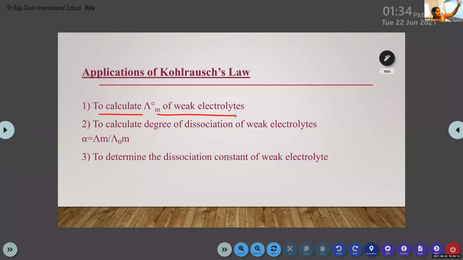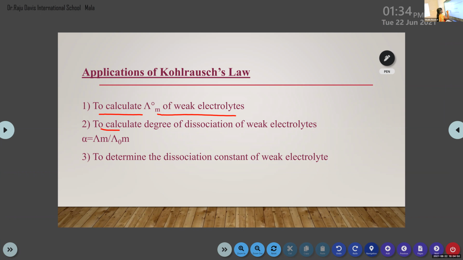In the case of strong electrolytes, using that graph we can directly observe the limiting molar conductivity by extrapolation of the graph, and at the y-intercept we can note down the value of lambda m0. But in the case of weak electrolytes, we cannot measure or observe lambda m0 from its graph, which we can learn later. So Kohlrausch's law will be helpful to calculate the lambda m0 of weak electrolytes.